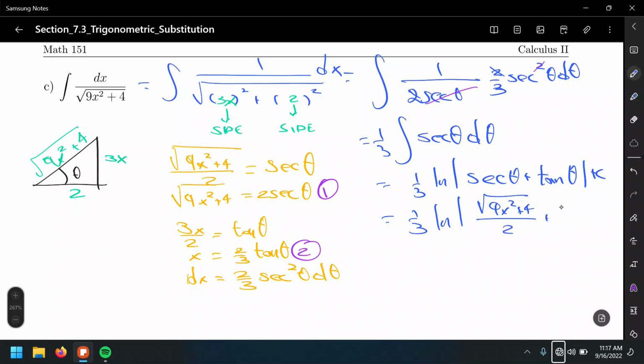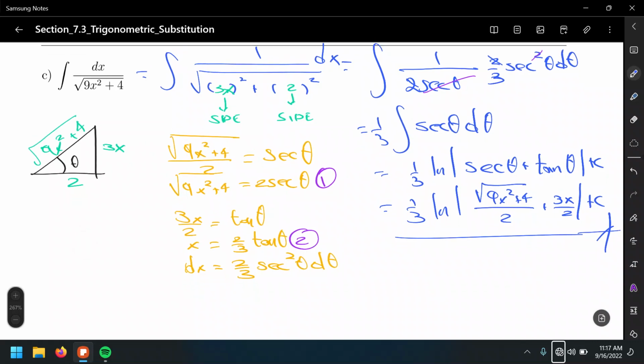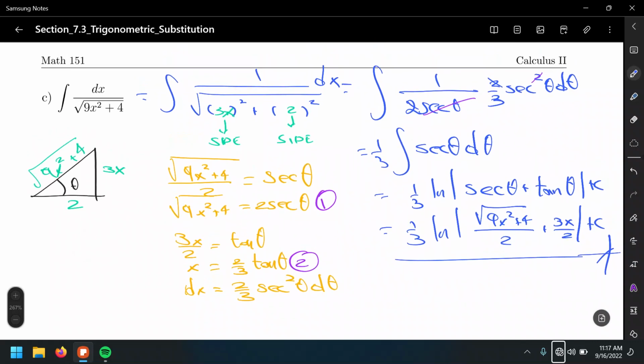That's opposite over adjacent, 3x over 2, plus c. We're done. Let's do one more, and then I'm going to go back to this example, letter C, but actually doing it the long way, what the textbook suggests to do.